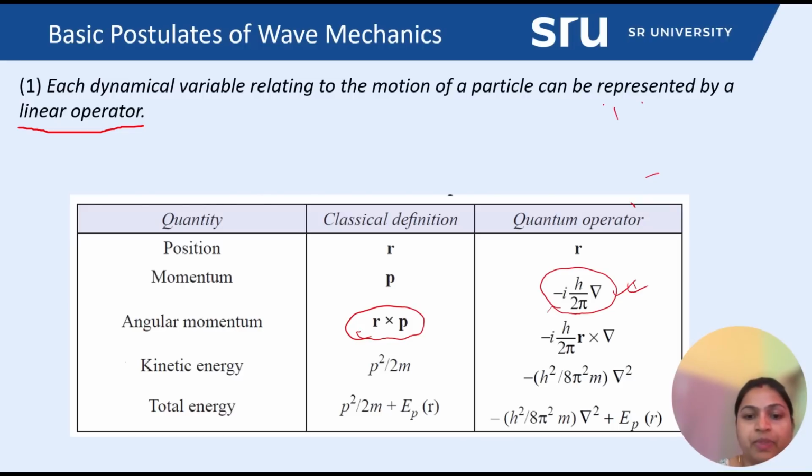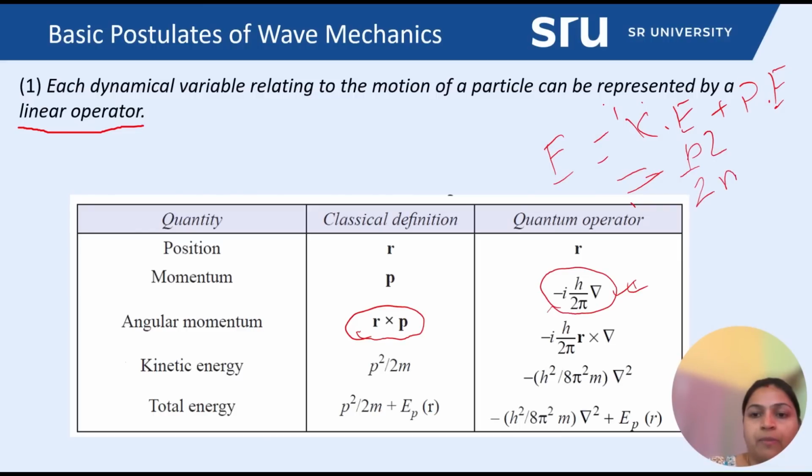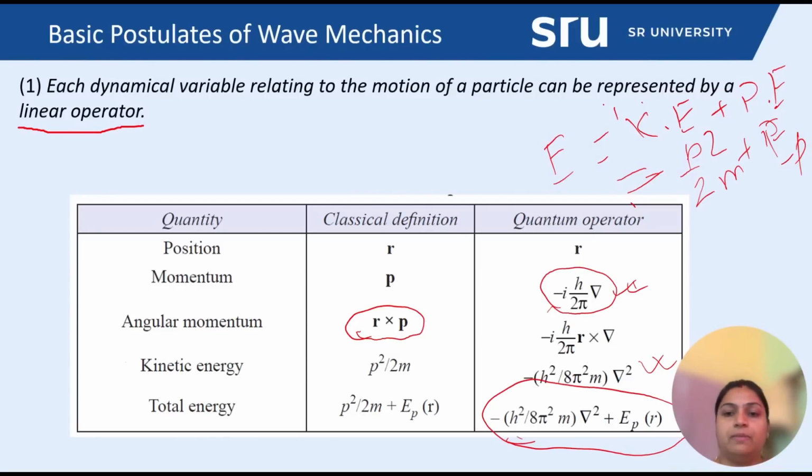Similarly for the total energy, which is kinetic energy plus potential energy, the kinetic energy is half of mv square, or p square by 2m, plus potential energy Ep. One can write the total energy operator in quantum mechanics in this way.